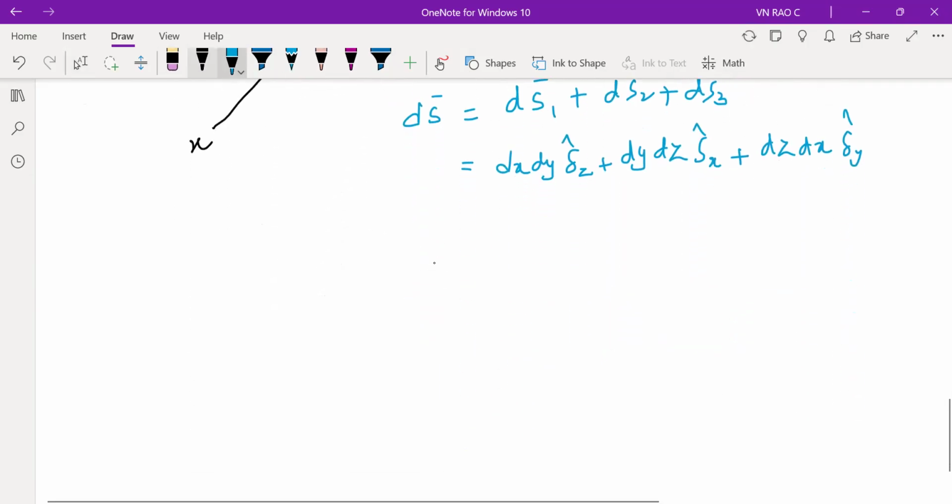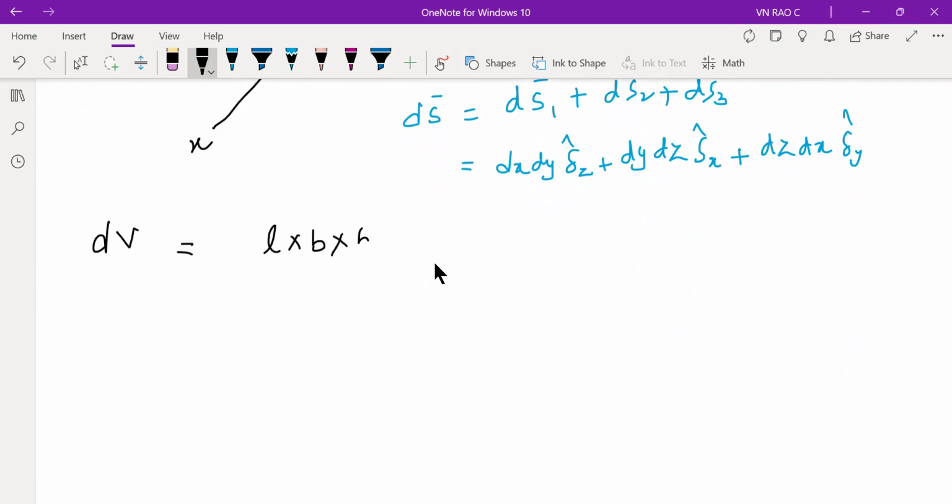Now, what is the differential volume? Differential volume is a scalar quantity. It is not a vector or a tensor. It is just a scalar quantity, capital V. For any shape, it is length into breadth into height.